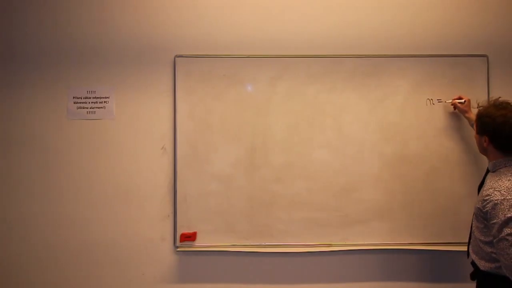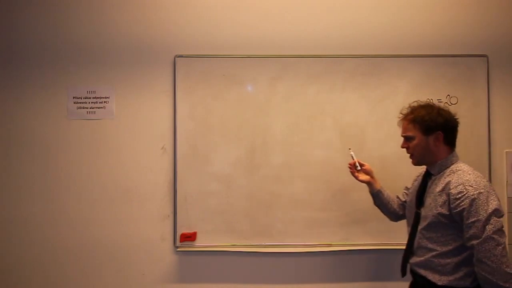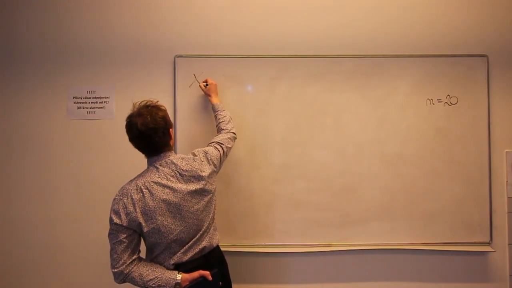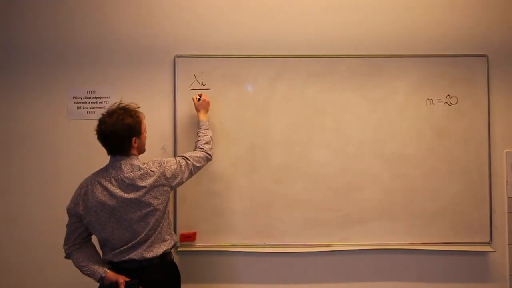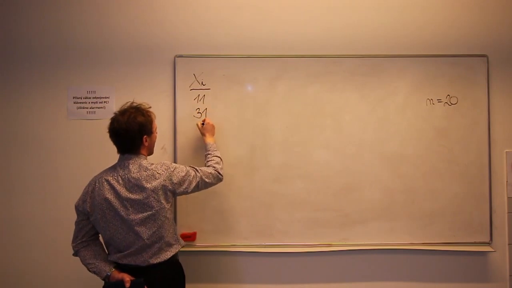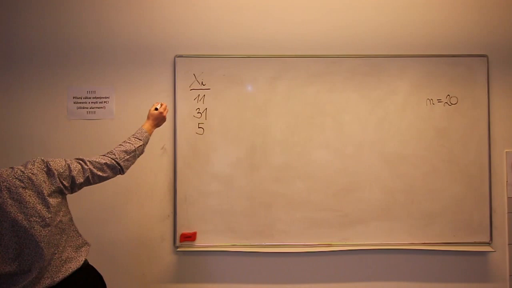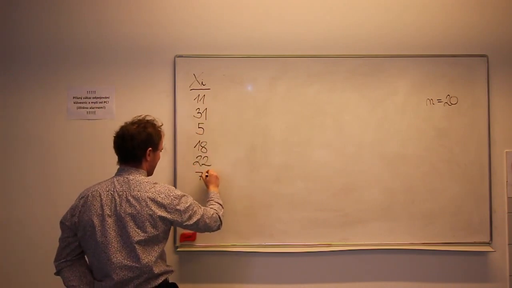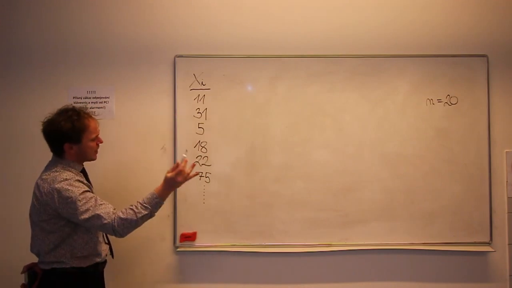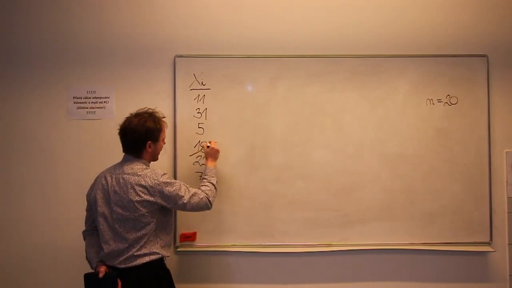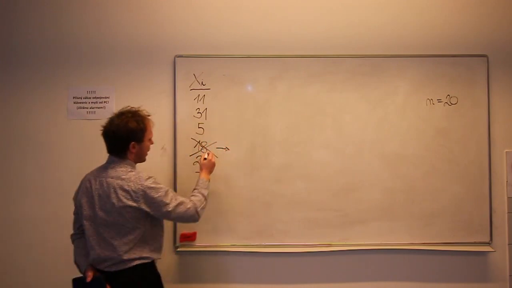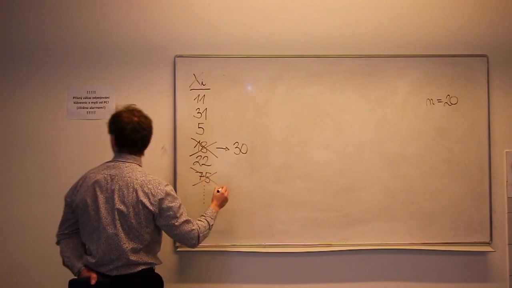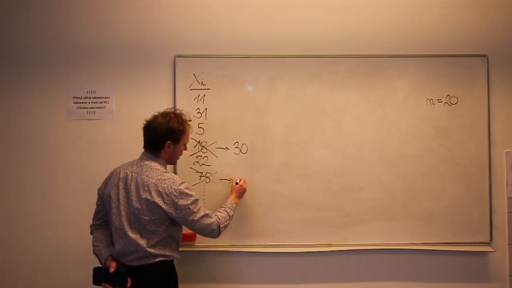Okay, so I know that n is equal to 20, and again, for illustration, I don't know this data file, for example variable x, we have here values 11, 31, 5, and there, for example, 18, 22, 75, etc. I don't know these data sets, but I know that there is an incorrectly set value 18, and instead of 18 should be 30, and instead of value 75, am I right, 75 should be 80.